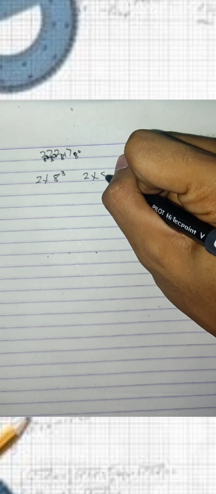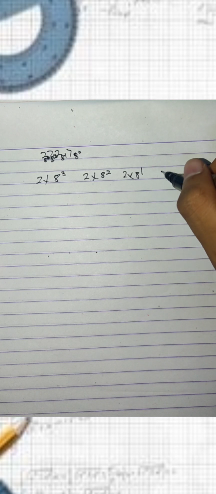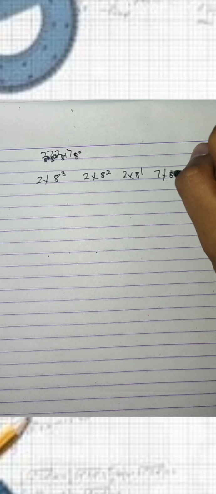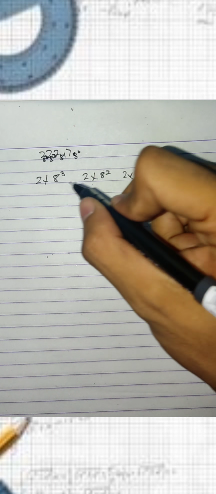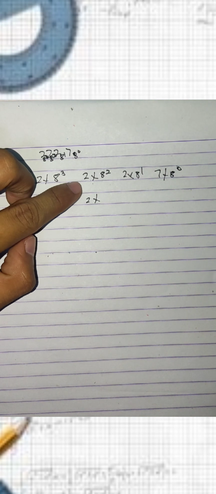So, 2 times 8 to the third power, 2 times 8 to the second power, 2 times 8 to the first power, 7 times 8 to the 0 power. So, tatanggalin ulit natin siya. 8 times 8 times 8 is equals to 512. 2 times, tatanggalin ulit natin siya.